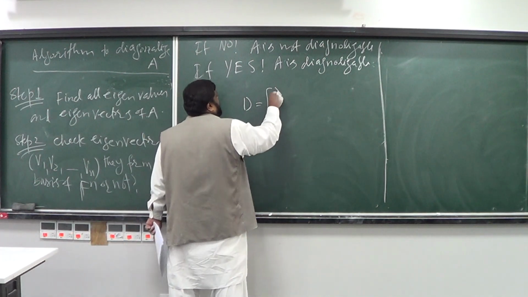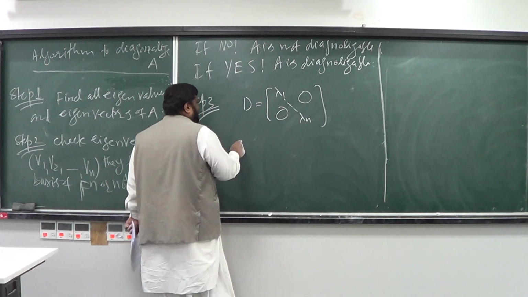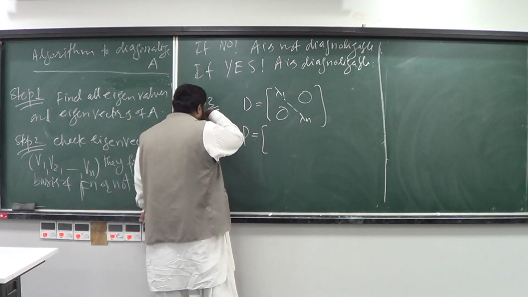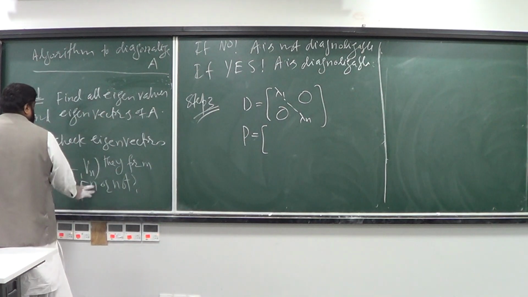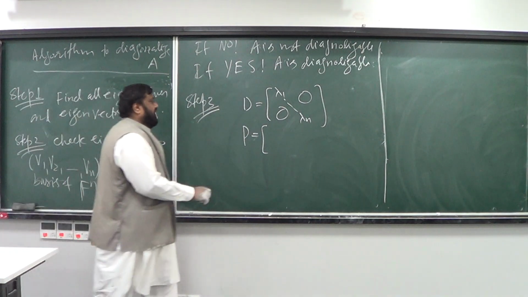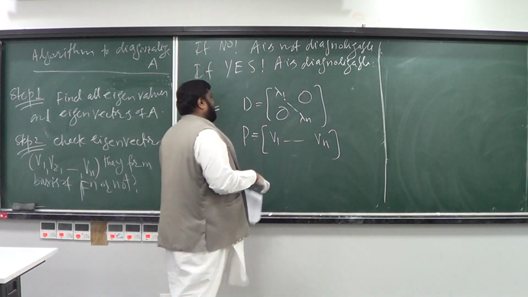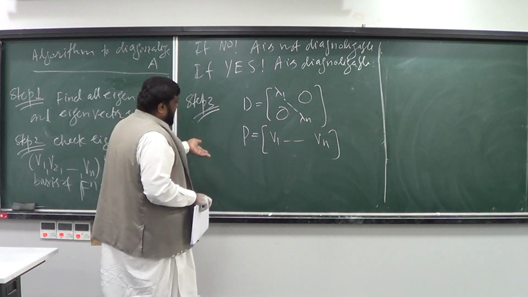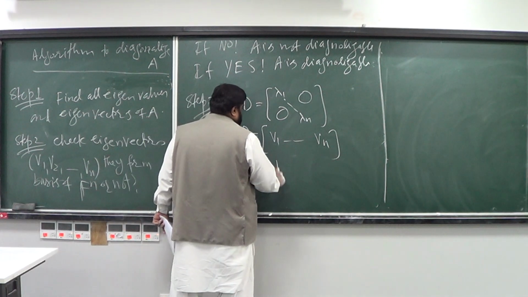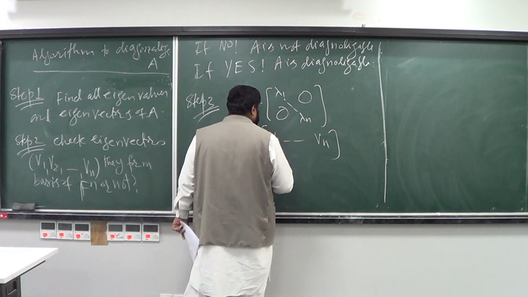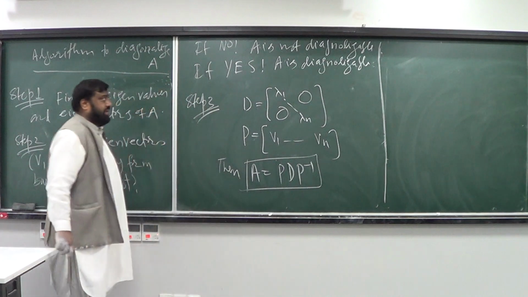Take the eigenvalues and make a diagonal matrix D out of them, and take the eigenvectors that form a basis for Fn and put them as the columns of the matrix P. Then you can check that A is P D P inverse, and hence you have the diagonalization of the matrix.